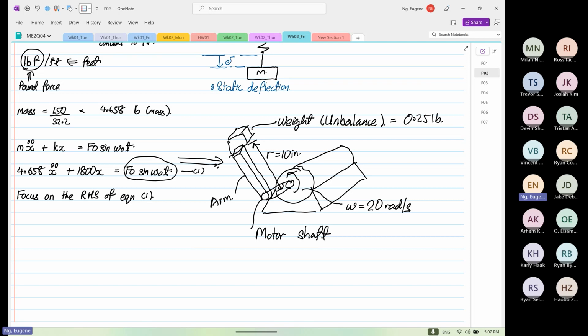We now know, from the motor diagram, that omega naught is equal to 20 radians per second. Why? This is given. The next thing is our F naught.